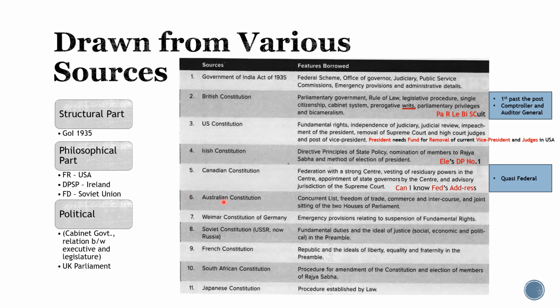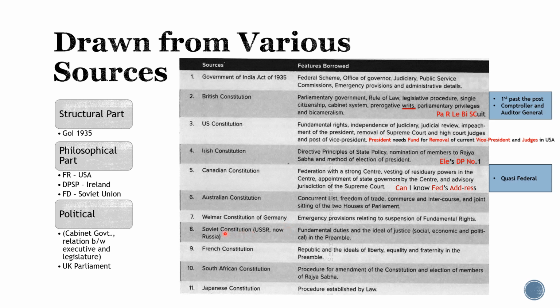Coming to Australia, Australia gives us concurrent list, freedom of trade, commerce and intercourse, and joint sitting of the two houses of the parliament. These are the things Australia gives us. Then Weimar Constitution of Germany, we already talked about the suspension of fundamental rights during an emergency. That is what Weimar Constitution of Germany gives us.